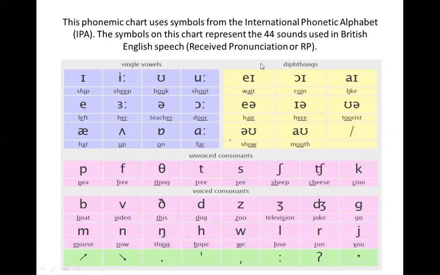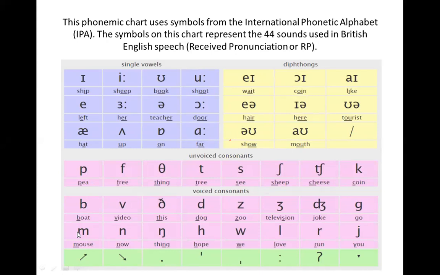Fine. Now let's go to consonants. There are voiced and unvoiced consonants. What are voiced consonants? There's a kind of vibration that we feel when we make these sounds.